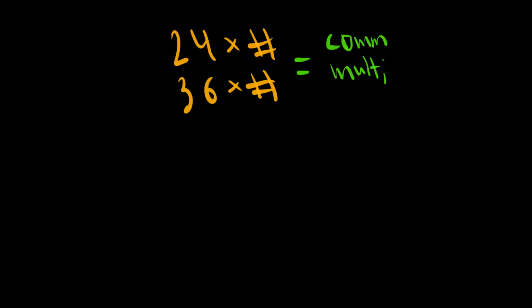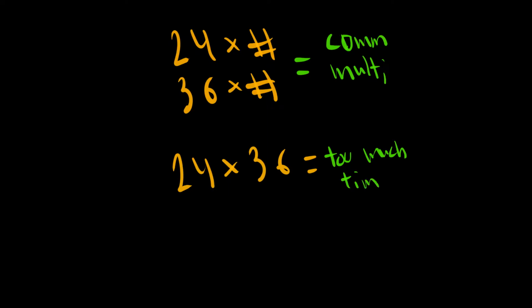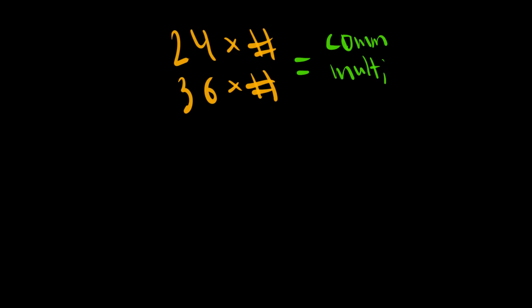And what common multiples do 24 and 36 share? Well, an obvious example is 24 times 36, but that's going to take too much time. So what some students do is draw out a multiples table of the two numbers that they want to compare.